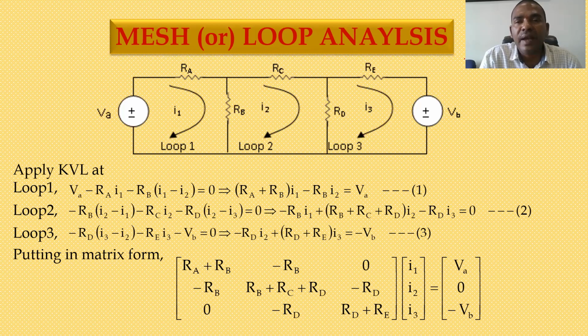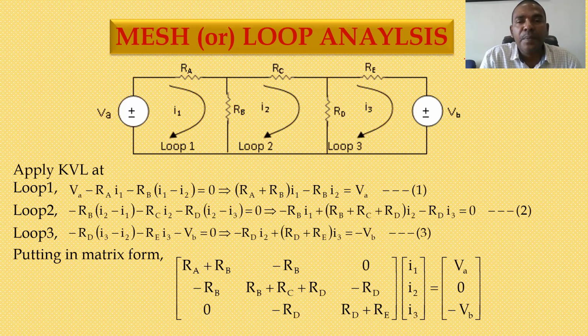Then you conclude that the algebraic sum of the rising voltages must be equal to the algebraic sum of the drop in voltages. The equations represented this way are called equilibrium equations, also called instantaneous equations.